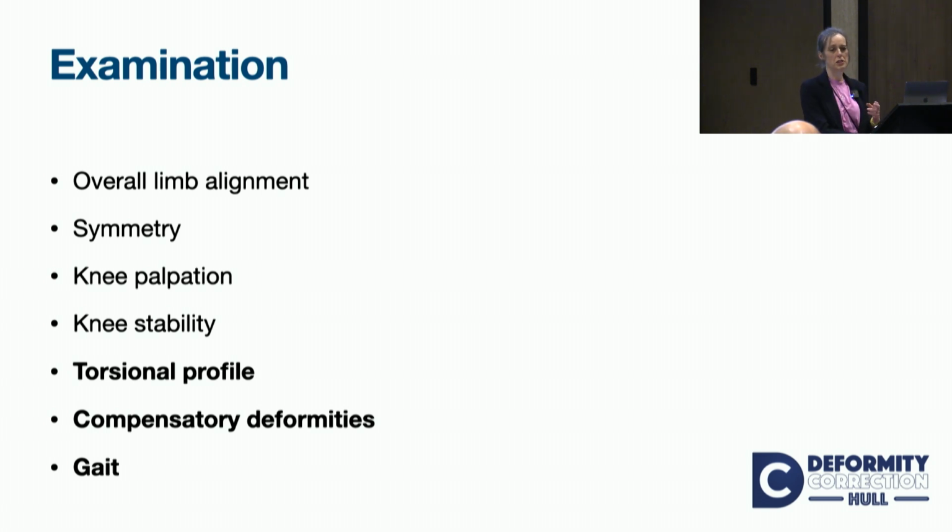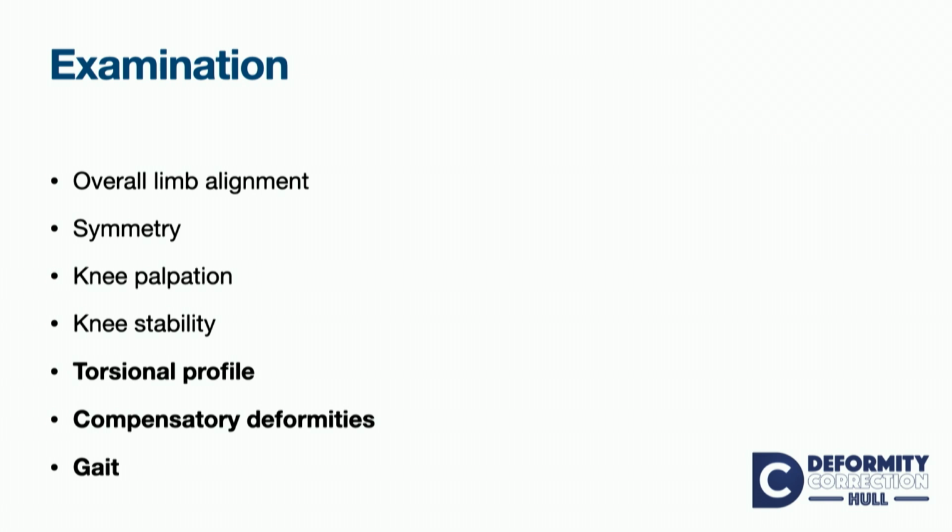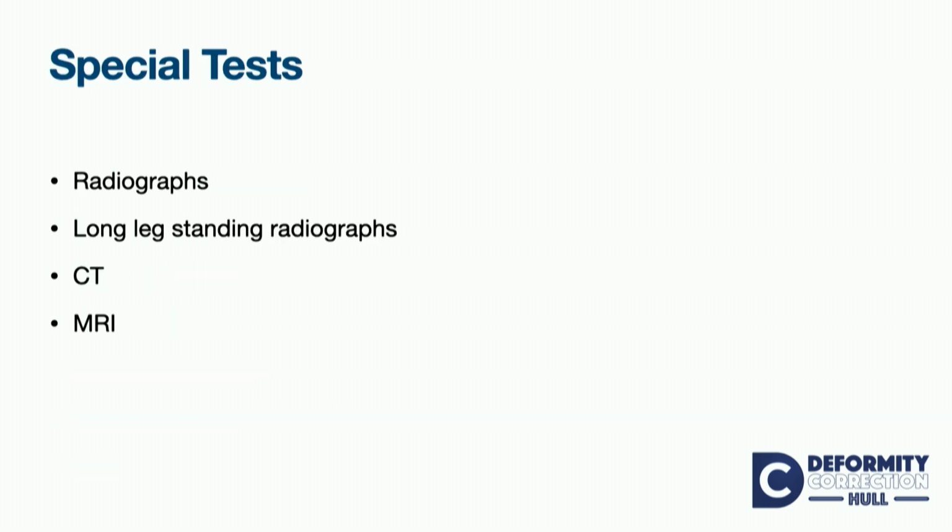Don't forget compensatory deformities, including adults, because if you straighten their leg and they've got hindfoot valgus or varus, they're not going to thank you when they can't walk. And looking generally at the gait. And remember, kids are much better at compensating and hiding, but adults, if they've compensated, that compensation is much more likely to be fixed. And then move on to your special tests.